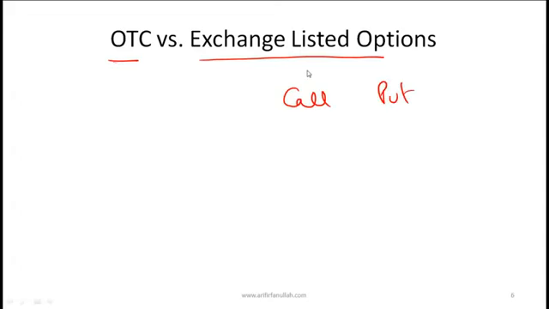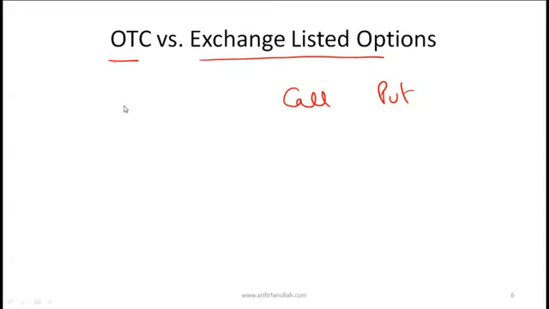So when you have an exchange and a clearing house, and call and put options are being bought and sold the way we can buy shares on the stock exchange, then we say that those options are exchange traded. Call options and put options on stocks are these days, at least in the US, bought and sold on an exchange.